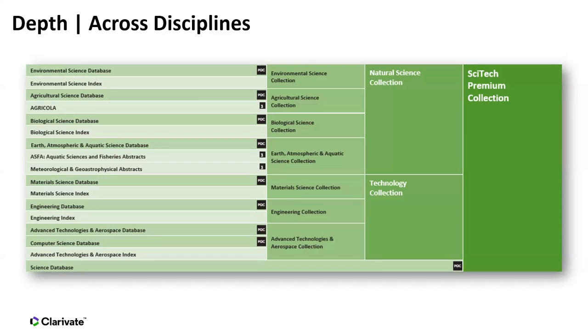Or you can also pick and choose the databases or collection which are most relevant to your research topic for a more narrow focus. The SciTech collection also includes the standalone science database. And the science database is designed for students studying both the applied and general sciences and includes ProQuest science journals.